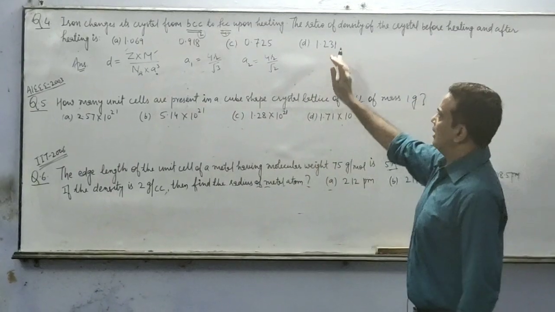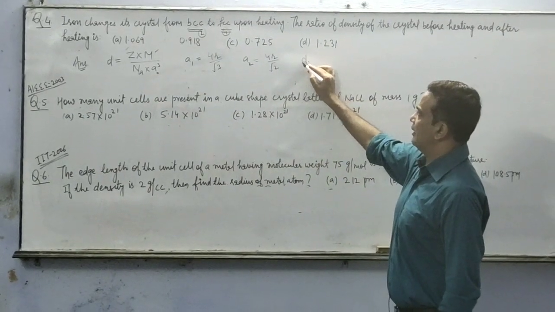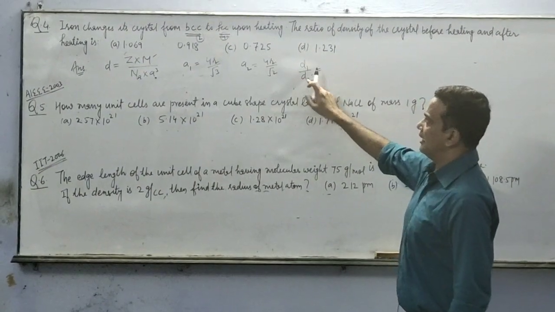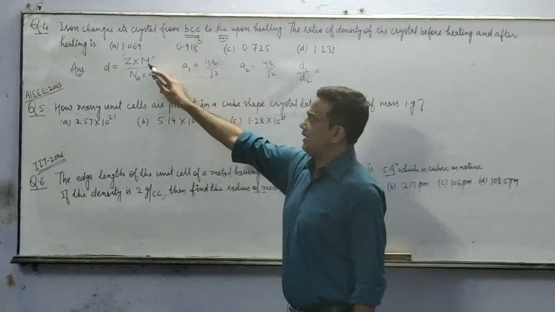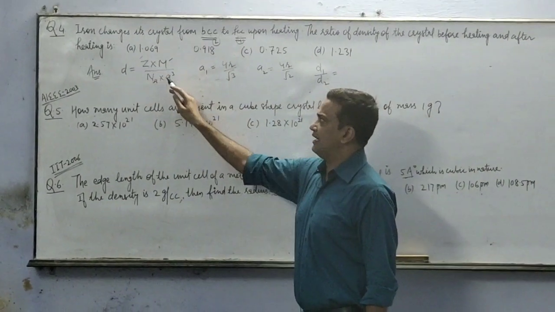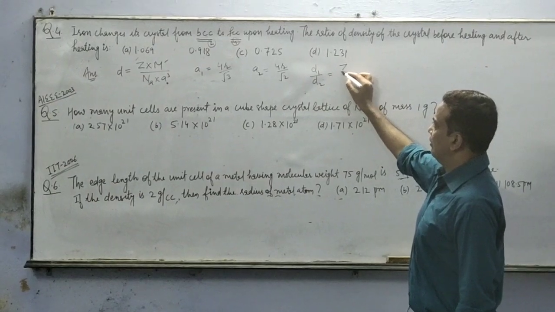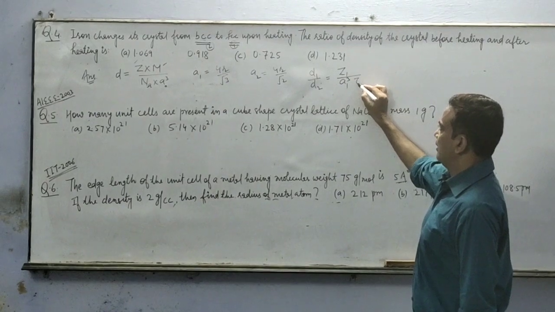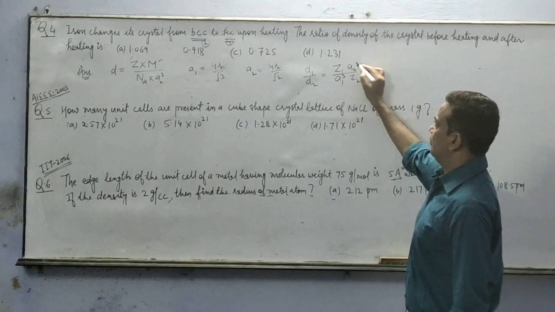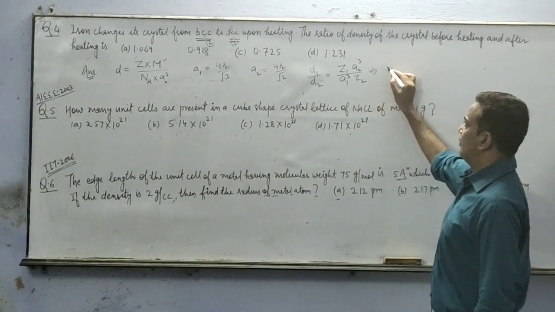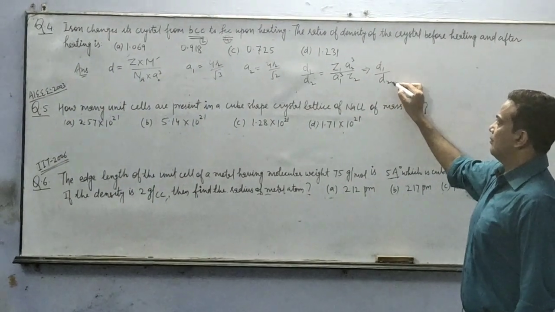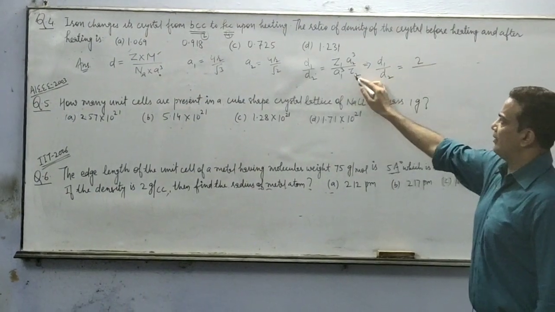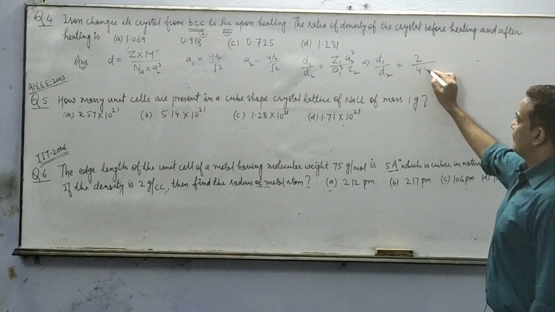When you have to find out the ratio of density, that is D1 upon D2, D1 the density in BCC structure, D2 the density in FCC structure, M and Na are constant, it depends upon Z and A. So D1 upon D2 is equal to Z1 upon A1 cube upon Z2 upon A2 cube. Now putting the value, Z1 value 2 upon Z2 value 4.